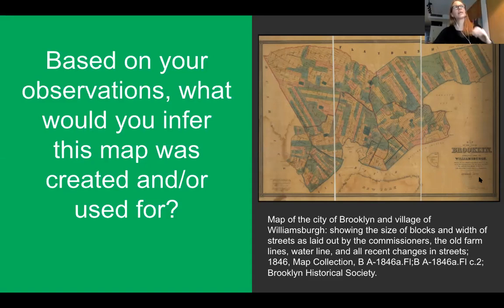Now, when we talk about maps, we love to pull maps into discussion of any topic. Maps aren't something that we need to just use on their own. And so we're going to take a look at some context for this map.